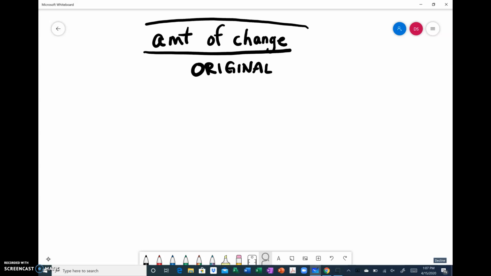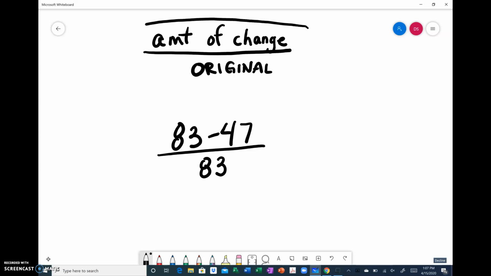All right, so let's just look at A. 83 minus 47 over 83. You are seeing a decrease here, which means that 83 would have to be the original number, and it is written in the denominator. So this fraction, this letter A, is showing percent of decrease. So it is not A.